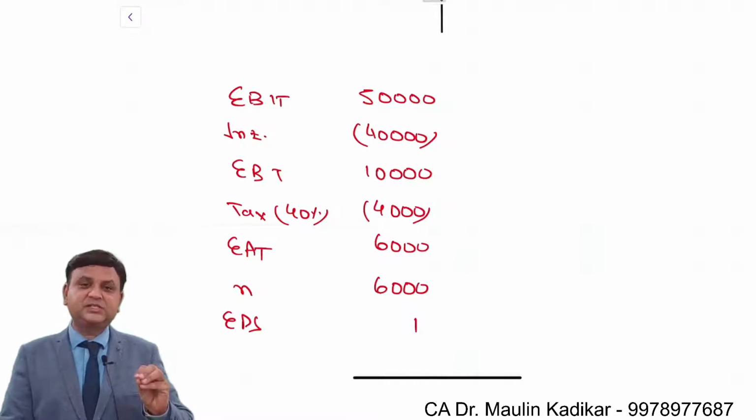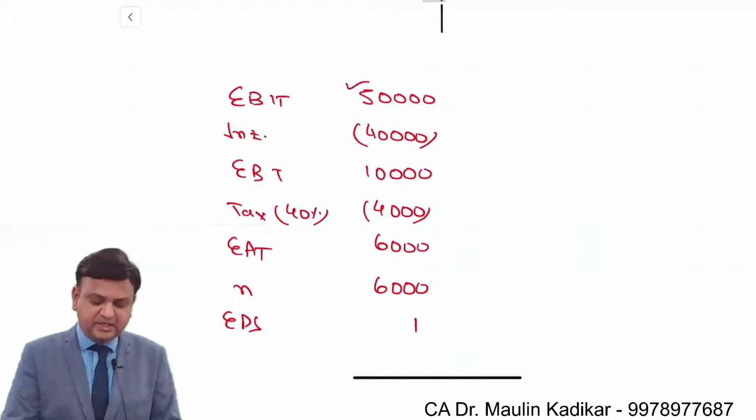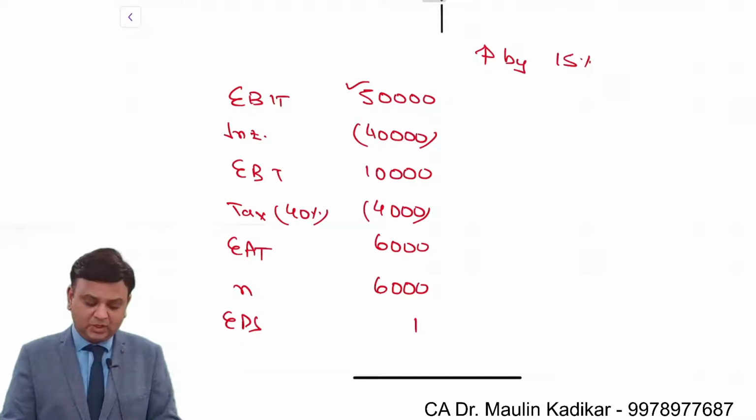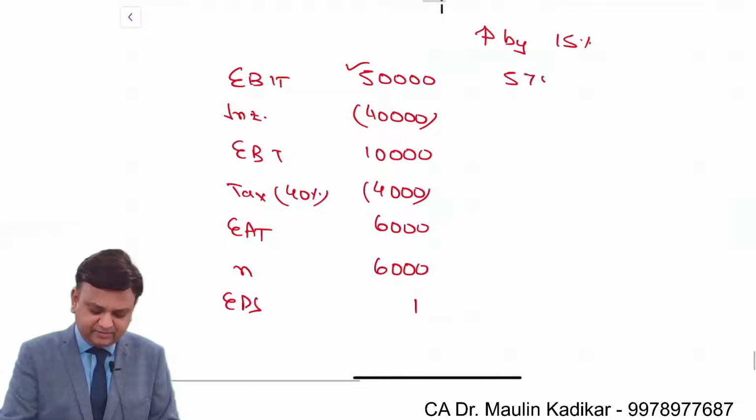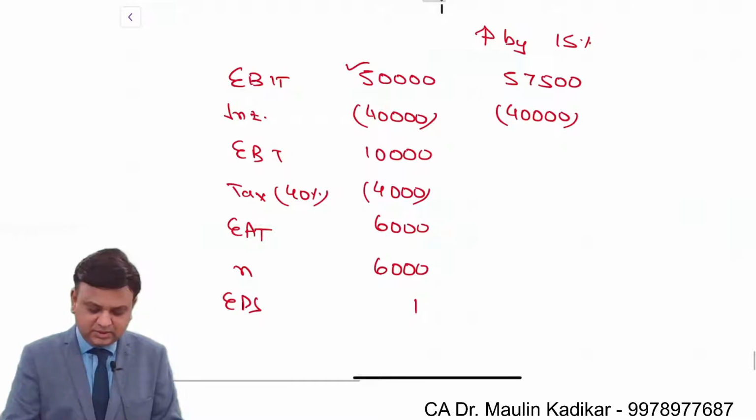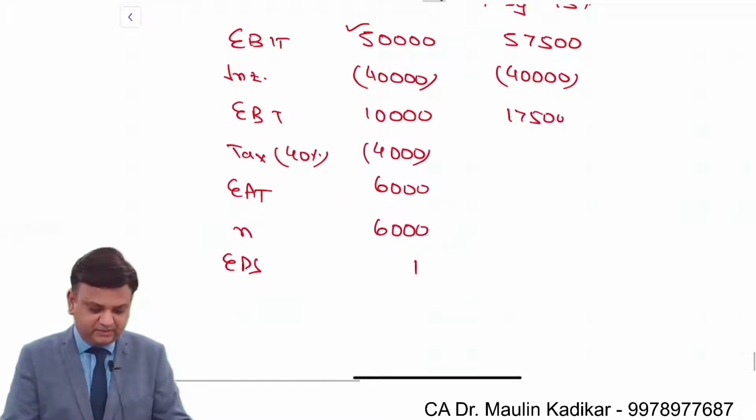Now suppose the operating income of the company increases by 15%. So 50,000 plus 15% comes to 57,500. Less interest of 40,000, this is 17,500.